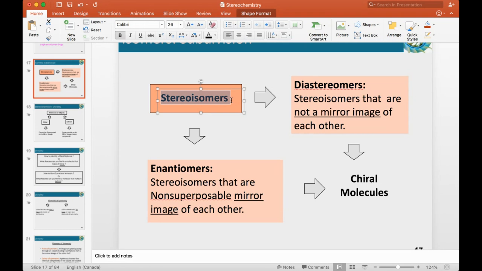So in the previous class, we also learned to classify stereoisomers in two different groups. Enantiomers, which are stereoisomers that are non-superposable mirror images of each other. This is something we practiced in the last two classes.